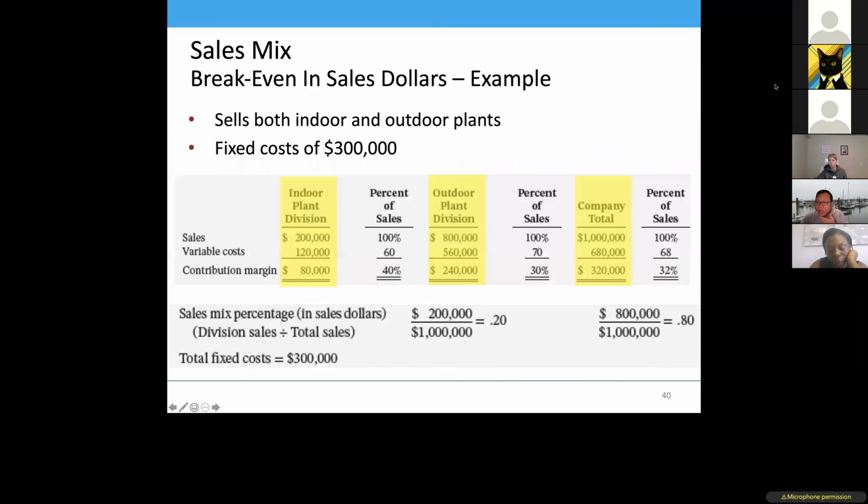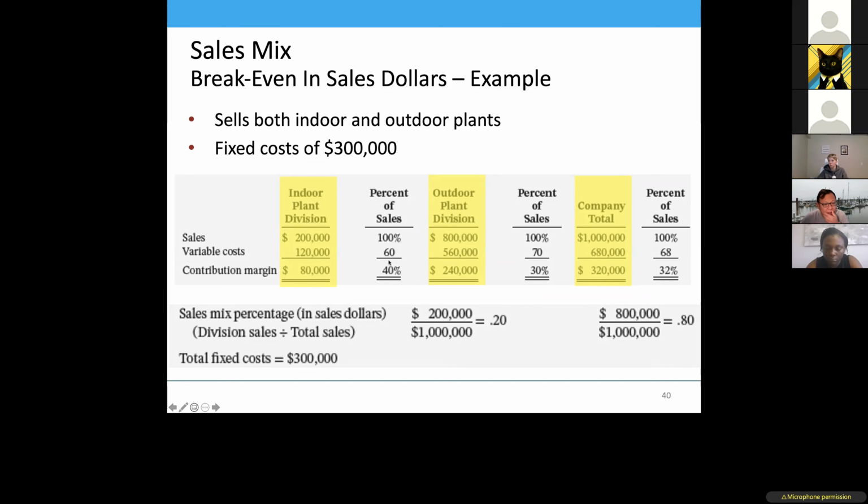Okay, so we have learned how to calculate the break even in units. Let's take a look at how to do the calculation for the break even in sales dollars. Here we have two divisions. The indoor plant division shows sales, variable cost, and contribution, and even the percentage of sales.